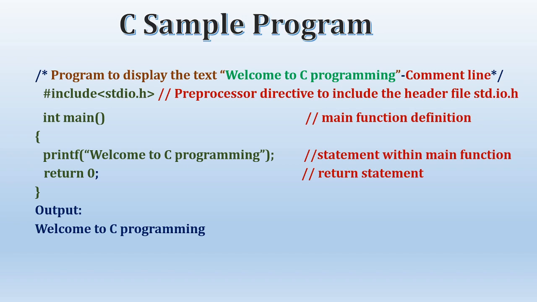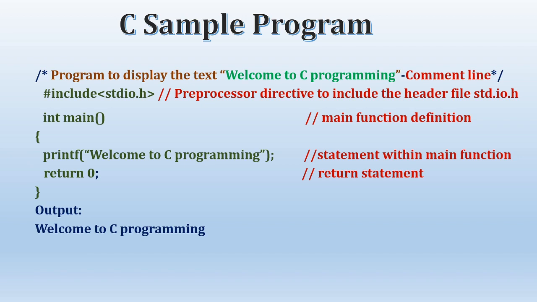Now we have a simple C sample program. Here I try to explore everything which I have written in the previous documentation. The program is to display the text welcome to C programming.